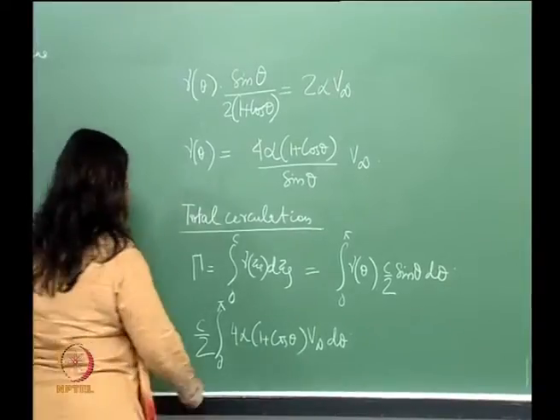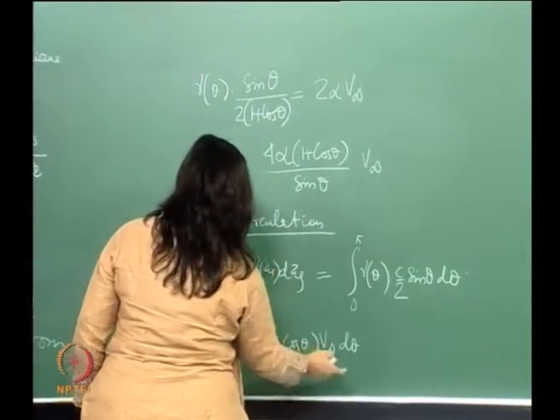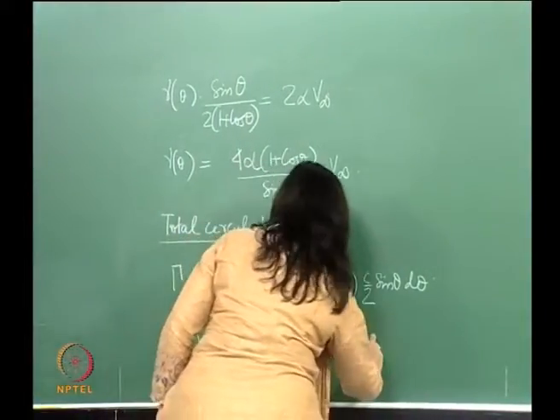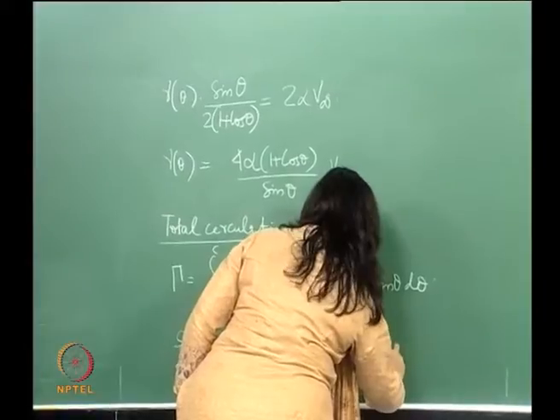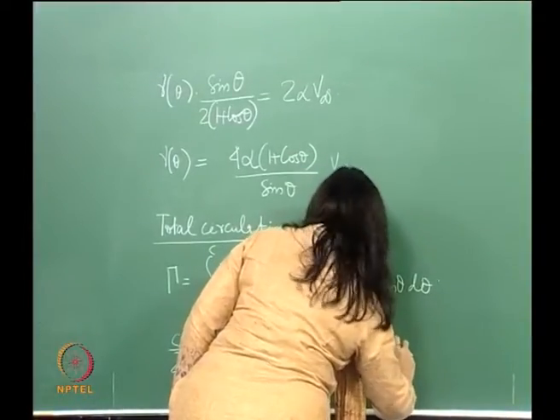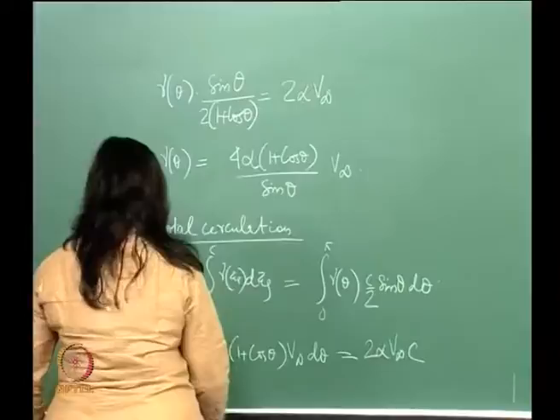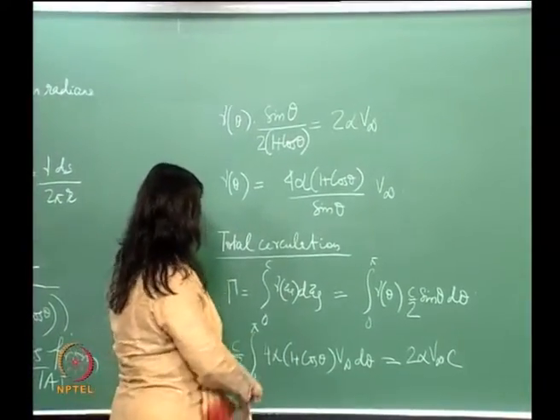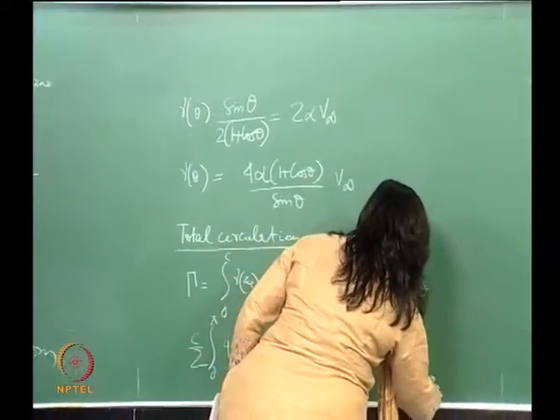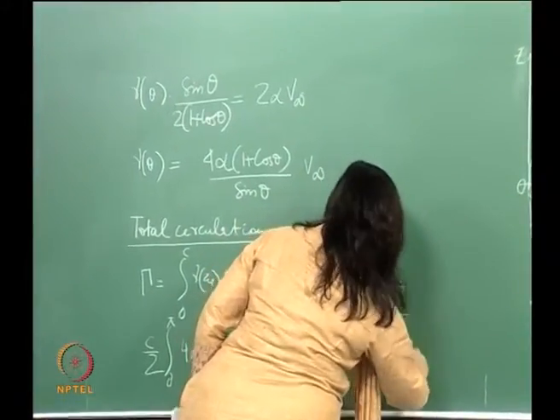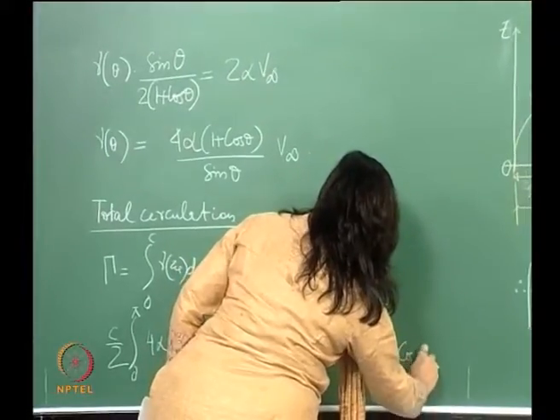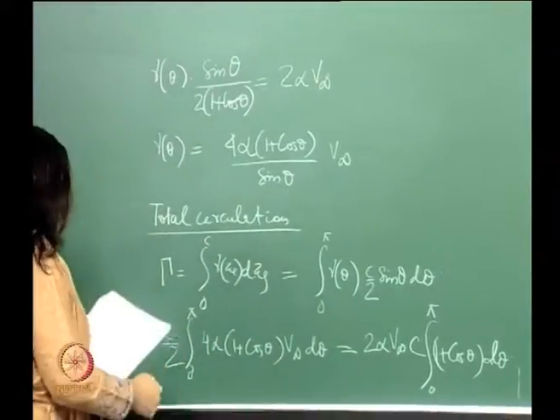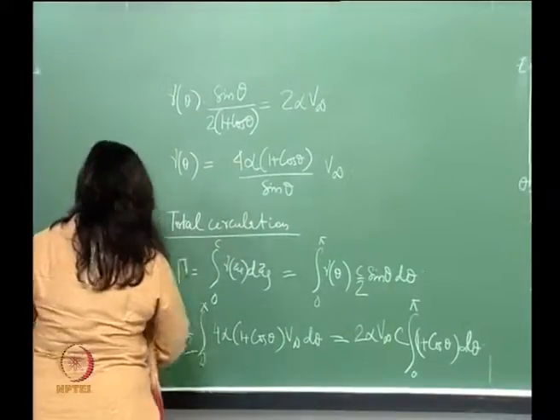So, let us take 4 alpha and v infinity out. What we get here is 2 alpha v infinity c into integral 0 to pi of 1 plus cos theta d theta.